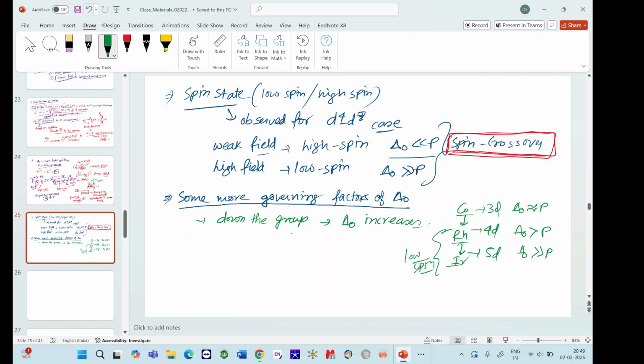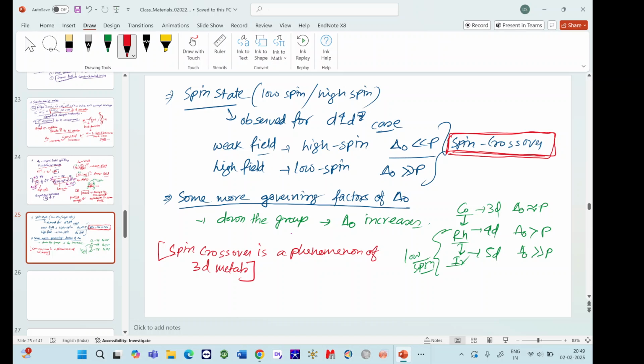So that is why we tell that the spin crossover is a phenomenon of 3D metals, because all the other periods 3D, 4D, 5D, they all show only low spin state.